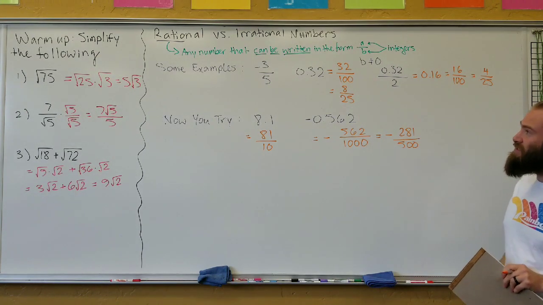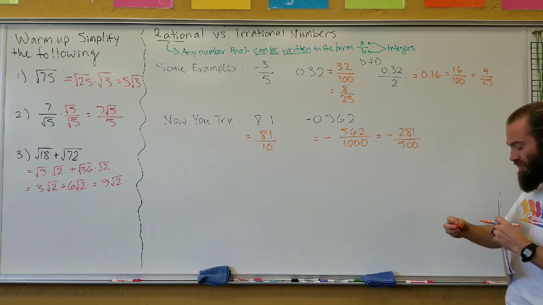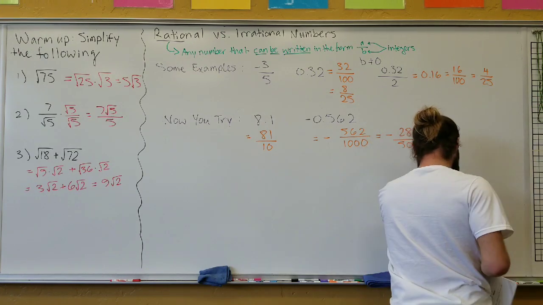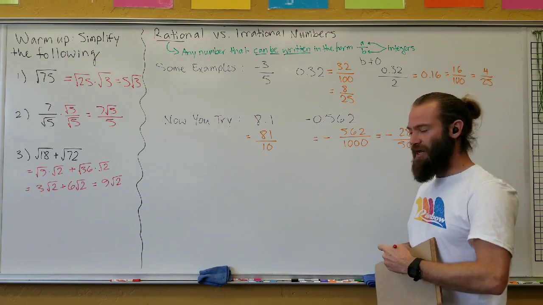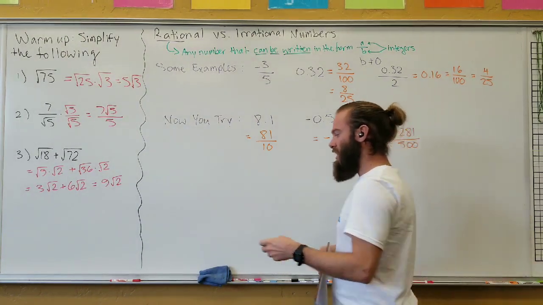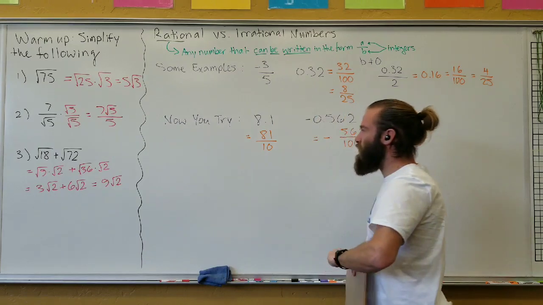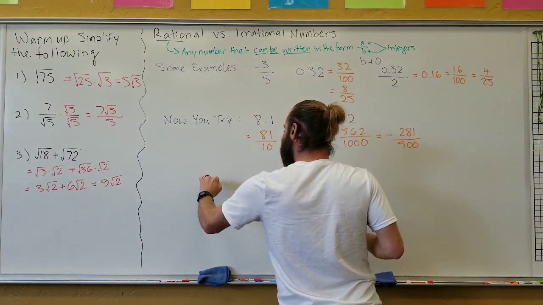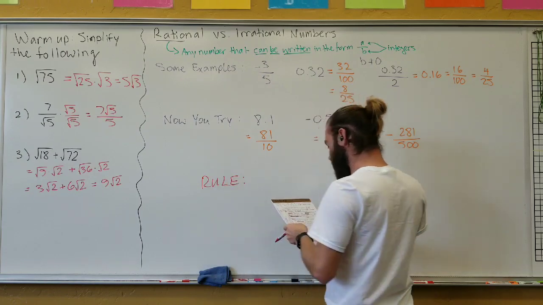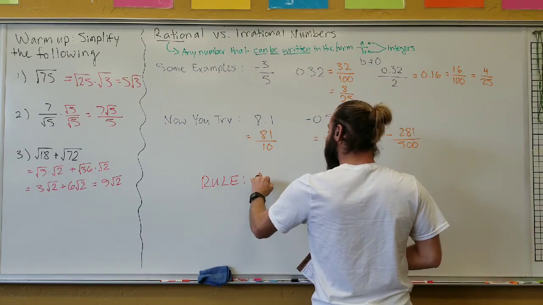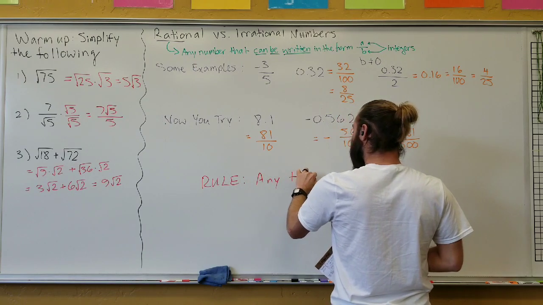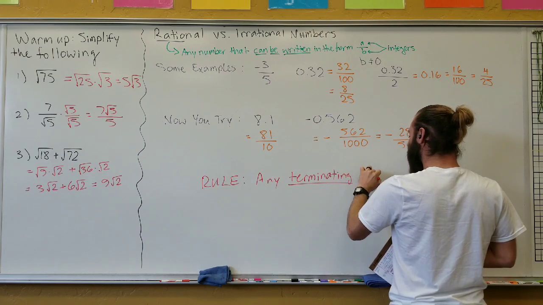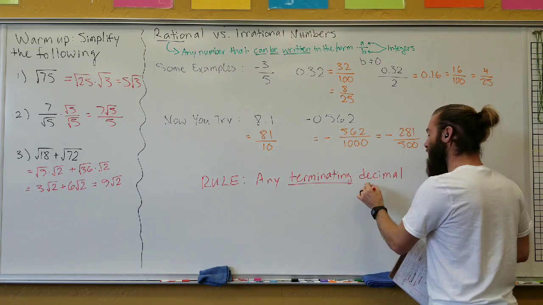So there's our basic look at rational versus irrational numbers. So I want to point out an important rule now that we are at this point in our lesson. I think you might be wondering, maybe not, but there is a rule here about rational numbers, okay? And it turns out any terminating decimal.